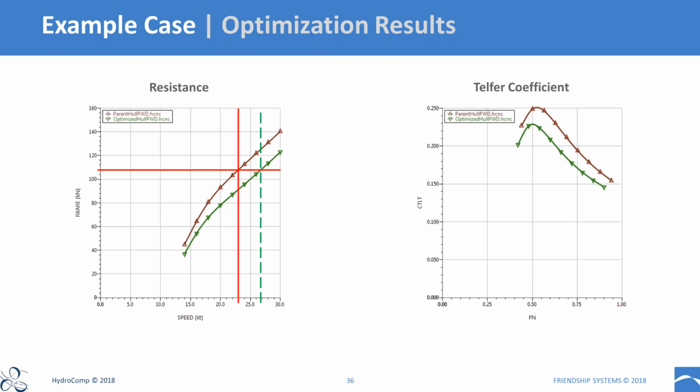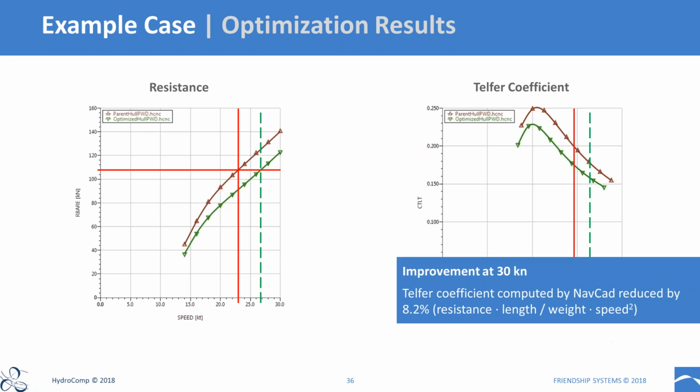And also, if we look at the Telfer coefficient, we can see that the optimized hull was improved over the whole Froude number range. And again, we are able to achieve a higher Froude number.